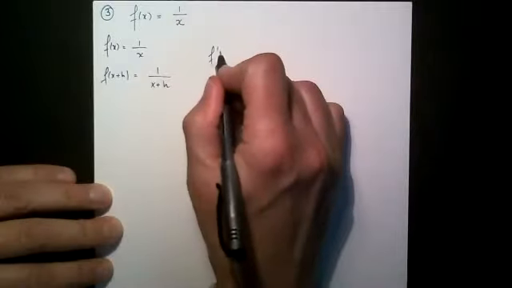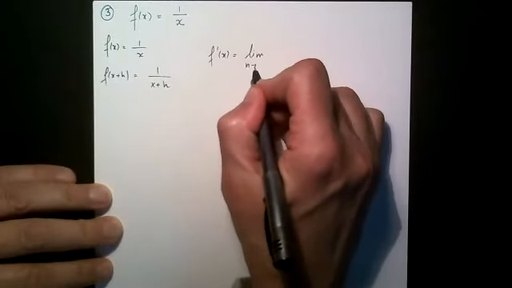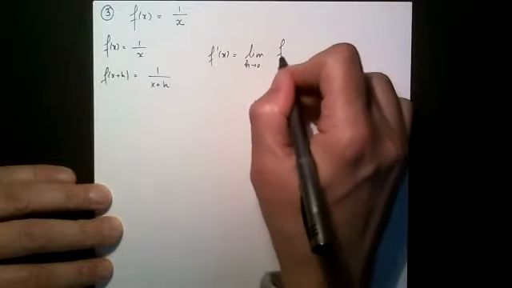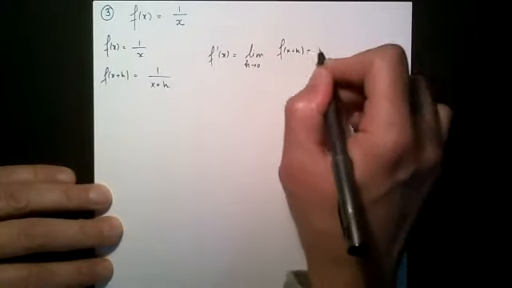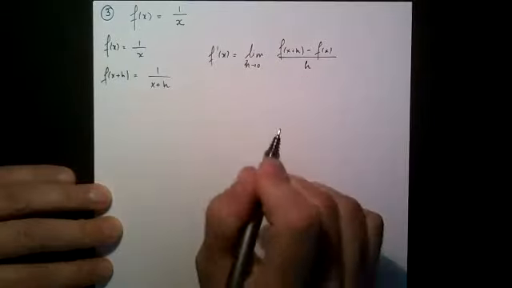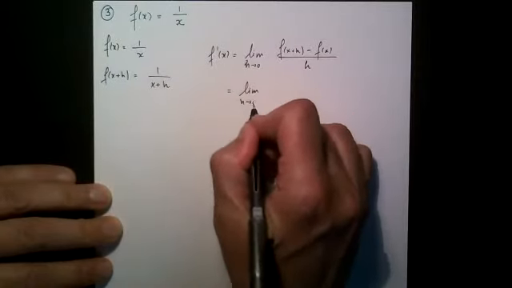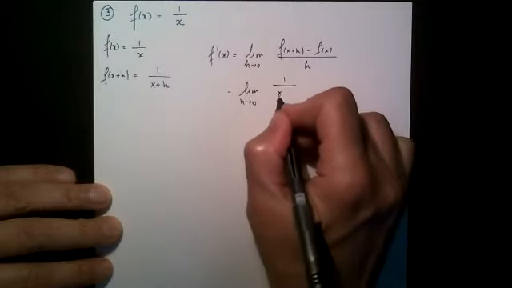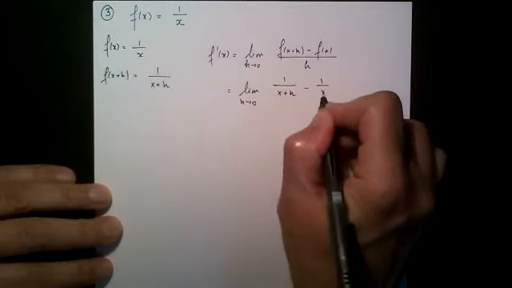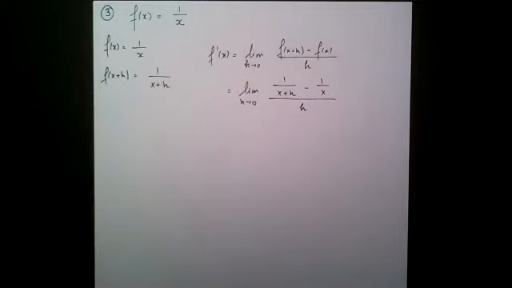Okay, and so f prime of x is equal to the limit as h approaches 0 of f of x plus h minus f of x over h, which is the limit as h approaches 0 of (1 over x plus h minus 1 over x) over h. Any questions until here? Anyone? Okay.